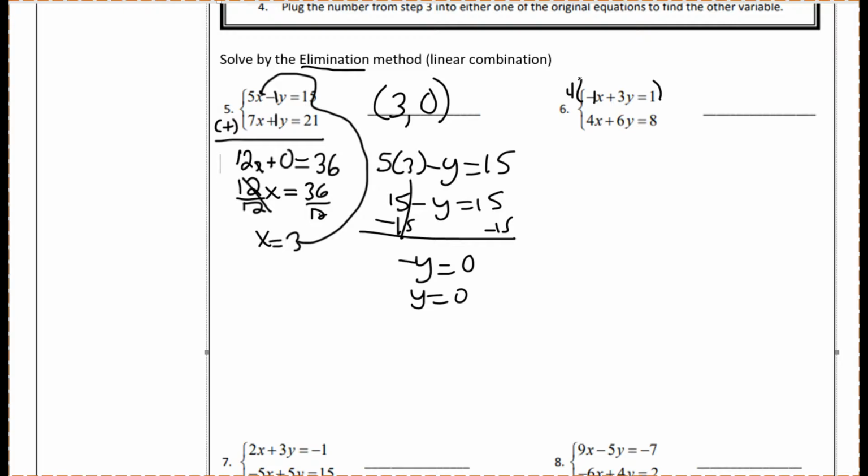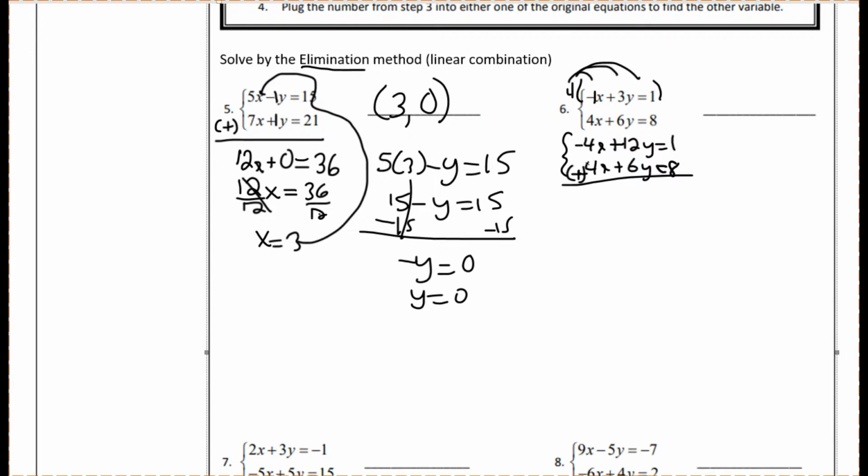Now if I do that, I'm going to have to distribute to everything. So I have negative 4x plus 12y is equal to 1. And then I have the 4x plus 6y is equal to 8. Here, let me rewrite these real quick. All right, so now we know that this system matches the coefficients for x. So now we can go ahead and add them.